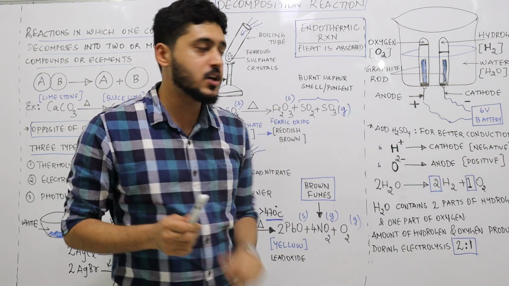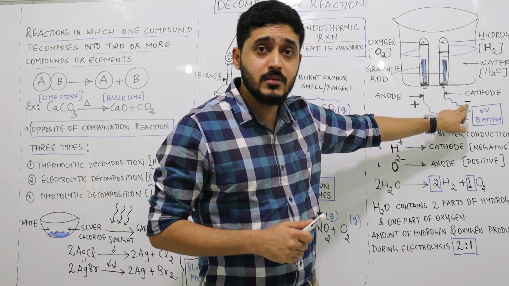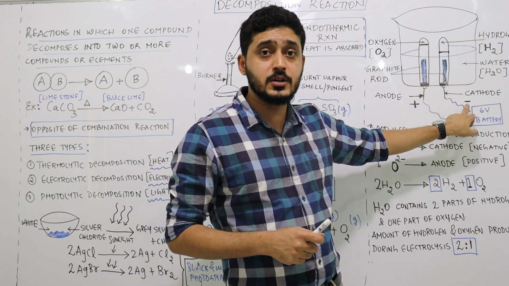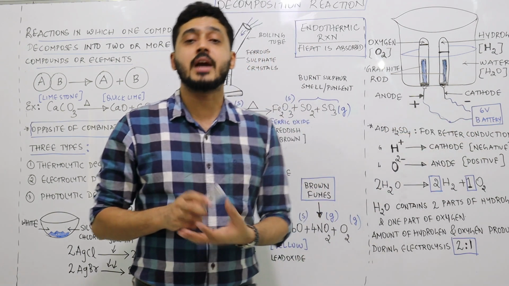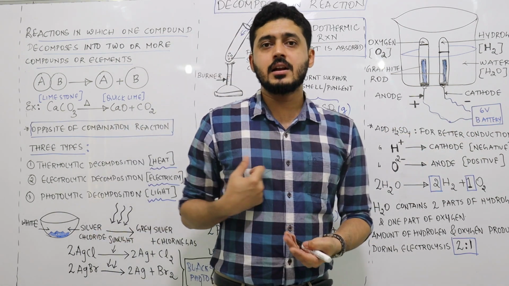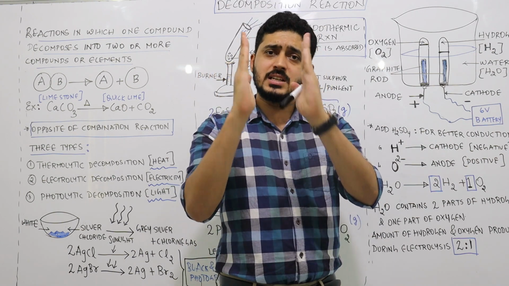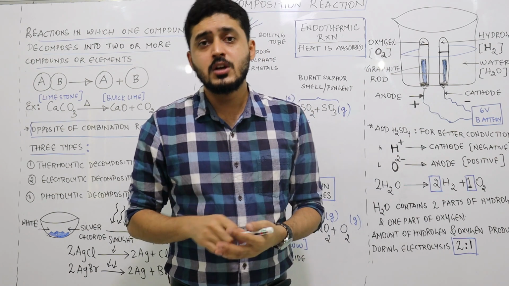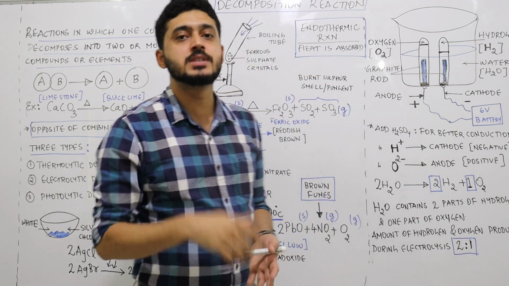Now these H plus ions are moving to the negative electrode, meaning to say they move towards the cathode. Now by gaining an electron, it becomes H. You know, when it is a single H, it is unstable, so it combines with one more H and becomes hydrogen gas.